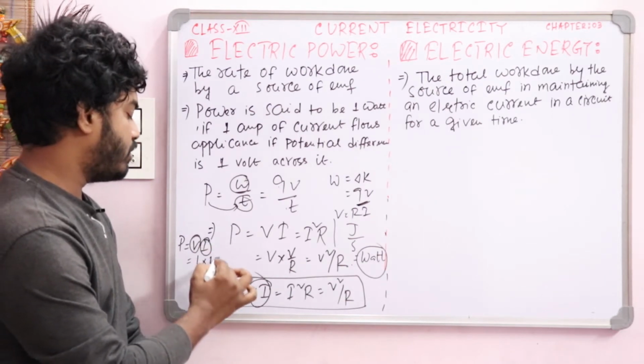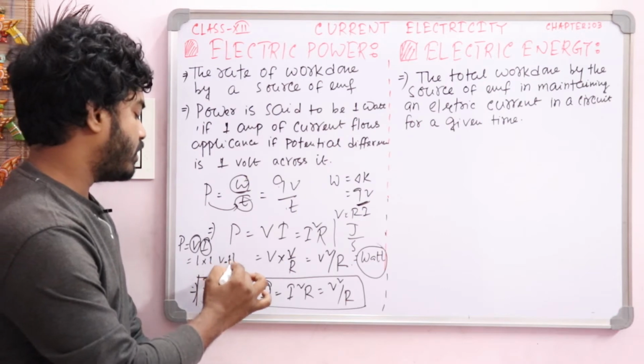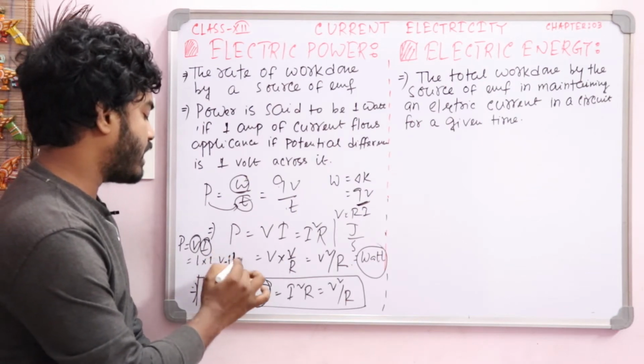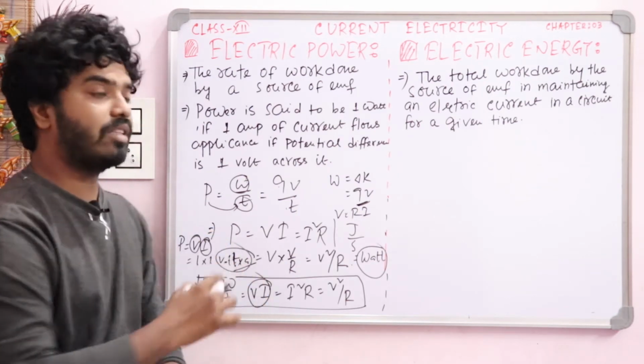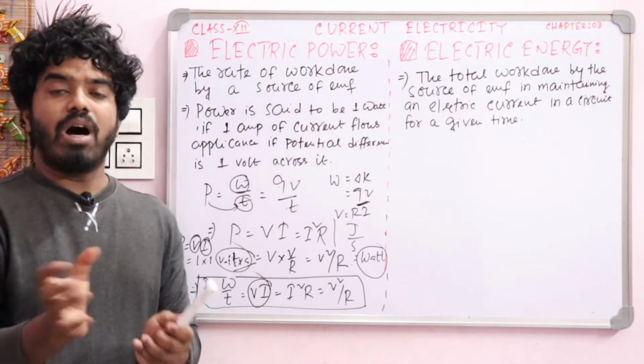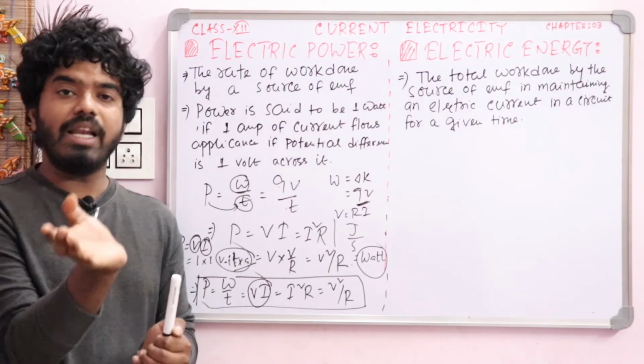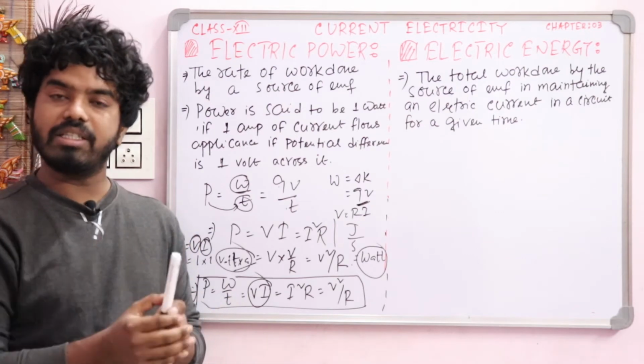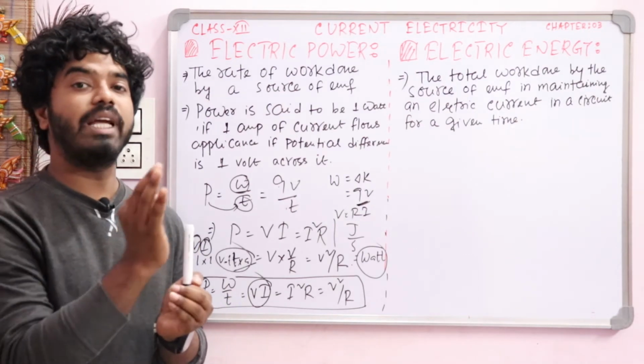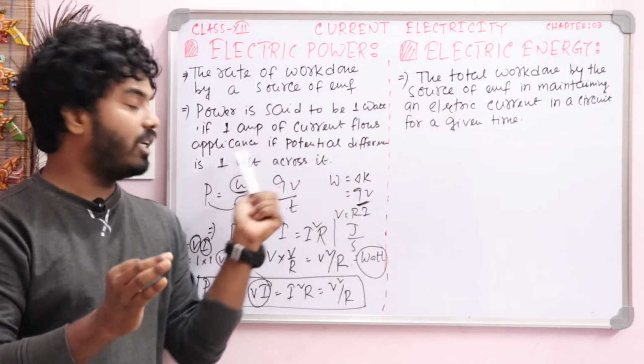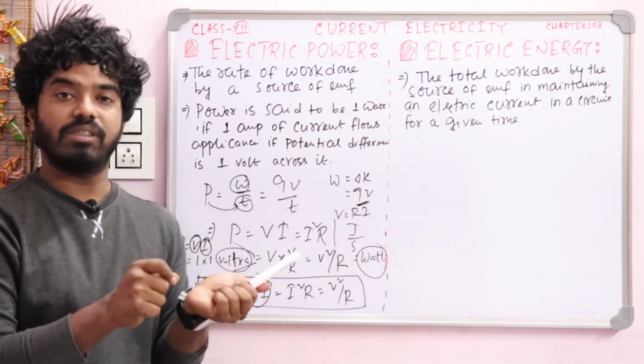So this gives volt ampere, which is also named as watt. So power 1 watt is said to be done when 1 ampere of current flows through this electric appliance, if the potential difference is 1 volt across it.